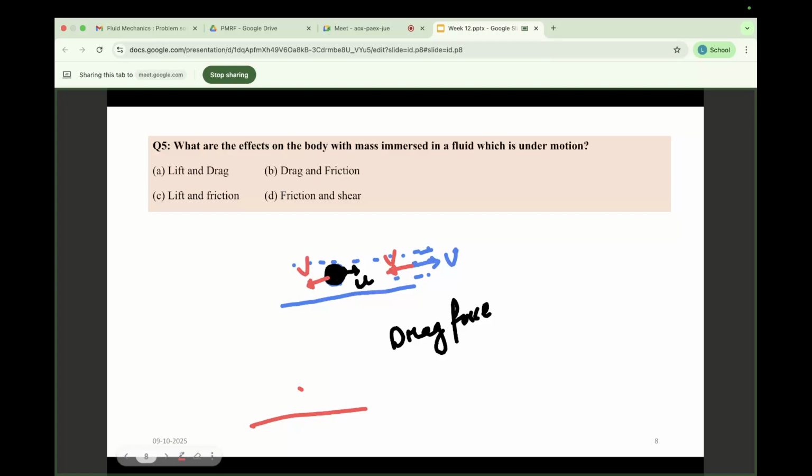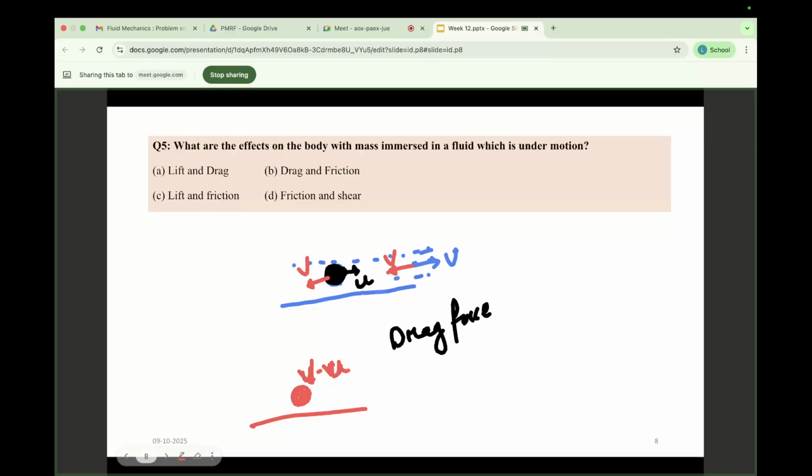So in the other case, this solid has velocity u minus v, or v minus u, right? Consider u is more than v, general case, no, sorry, I write v minus u. I am considering that v is greater than u.